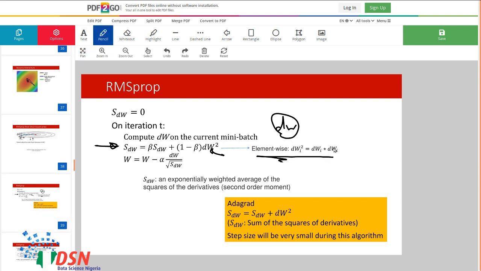So we have the squared in here, and when we want to change the weights, instead of just changing the weights with this dW, we divide it, or scale it, by the square root of S of dW.